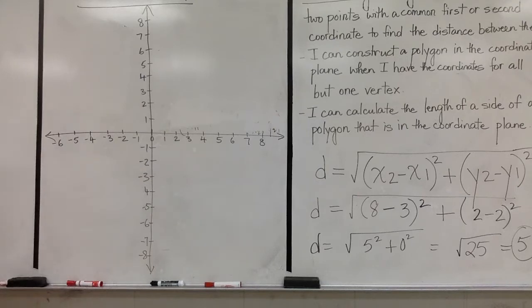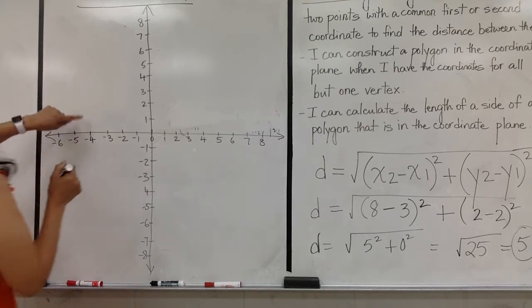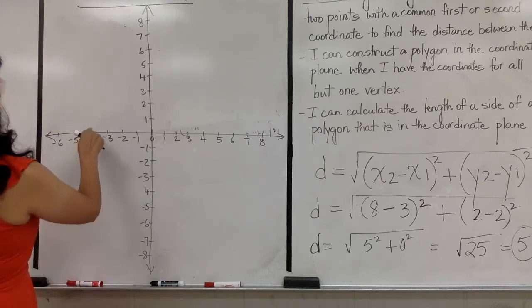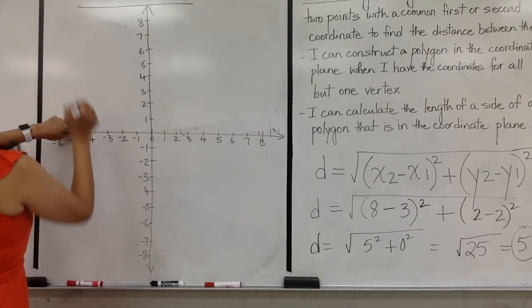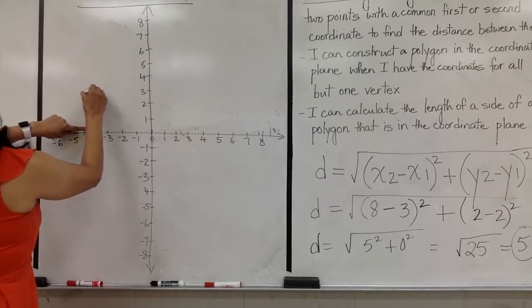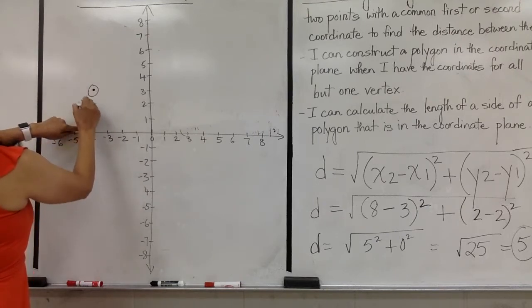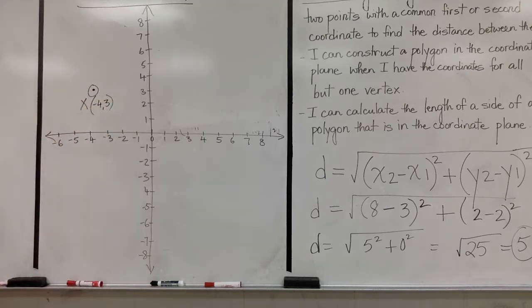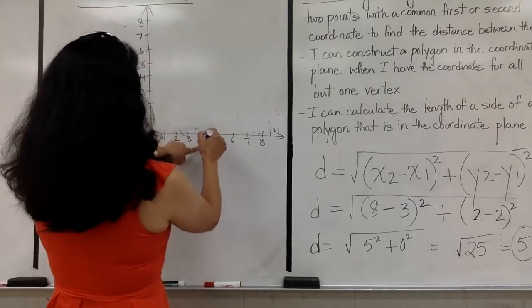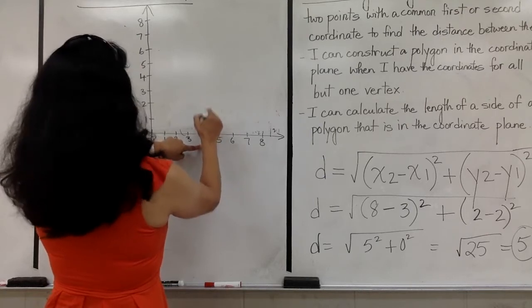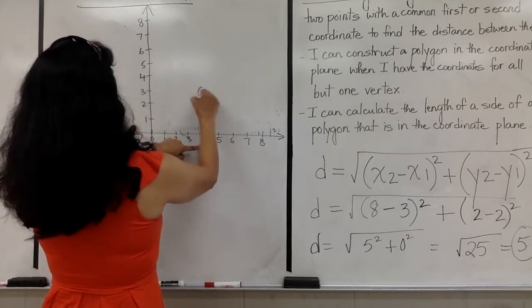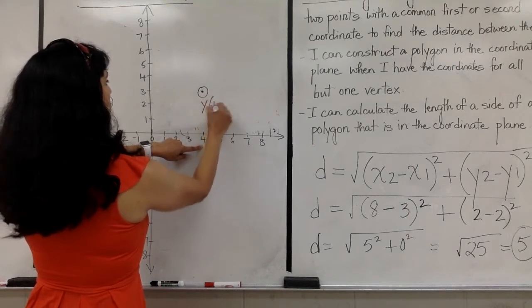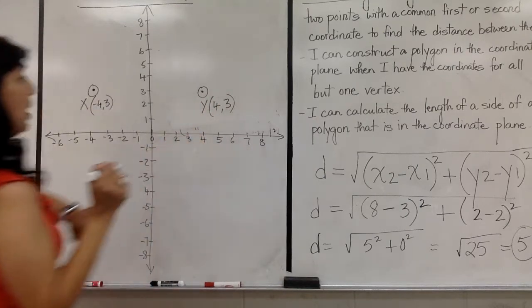Okay, so let's say I give you -4, 3, that is x. So -4, 3, this is x, all right? And then I give you 4, 3 over here, which is y. Okay, I give you y, which is 4, 3.